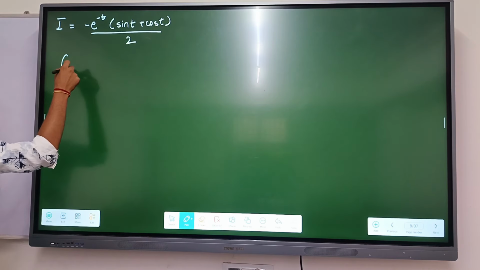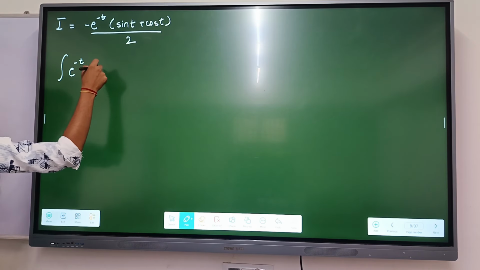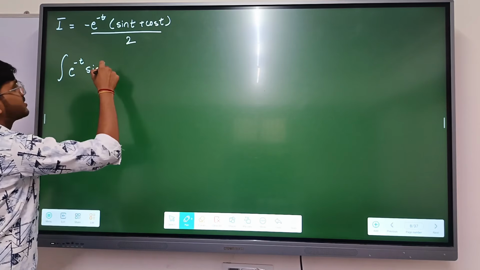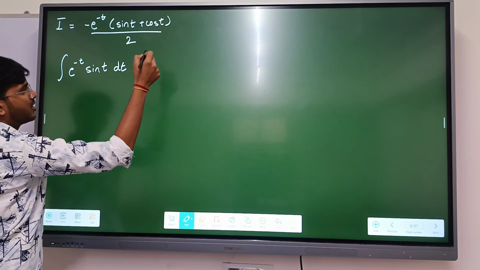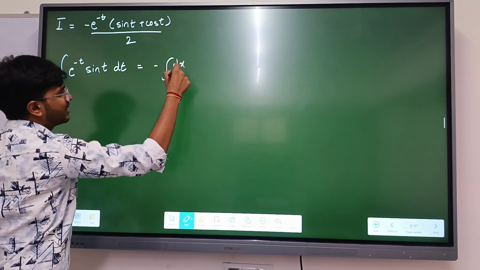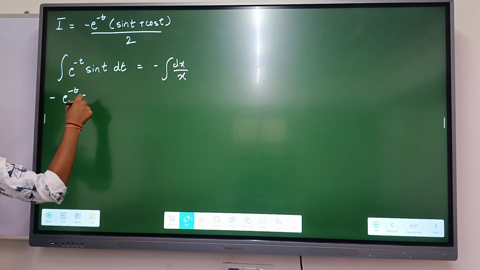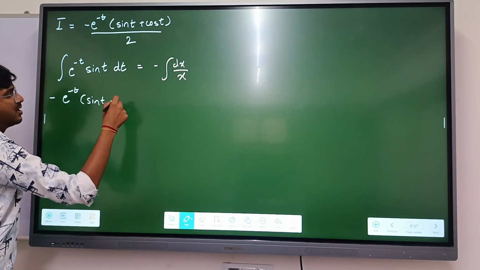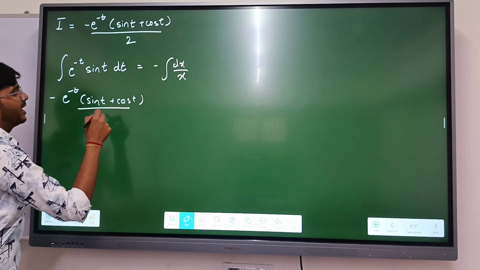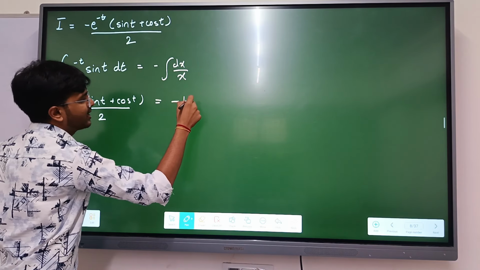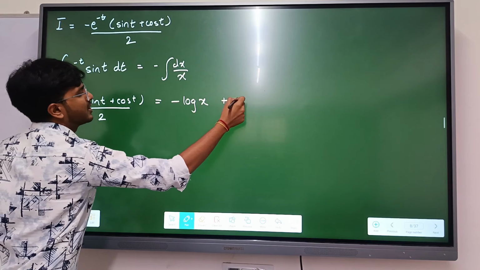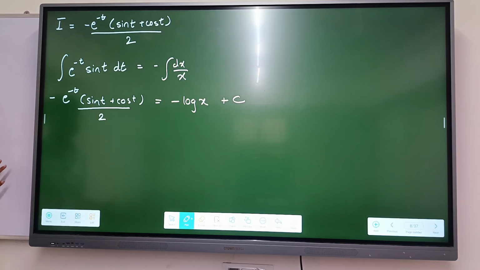So what did we need? We needed the integration of e^(-t) sin t dt, which was equal to minus integration dx by x, and this whole integration value is minus e^(-t) times sin t plus cos t divided by 2, equal to minus log x plus constant c.